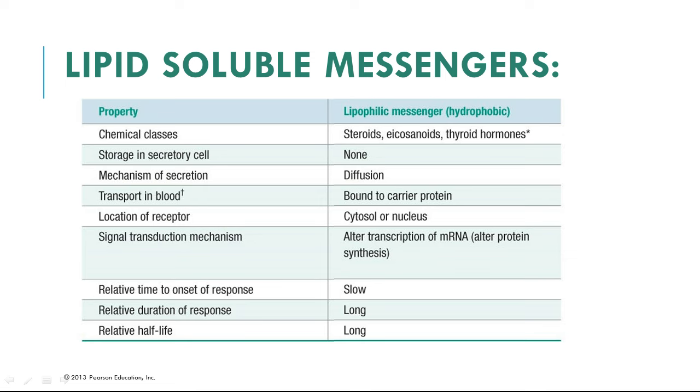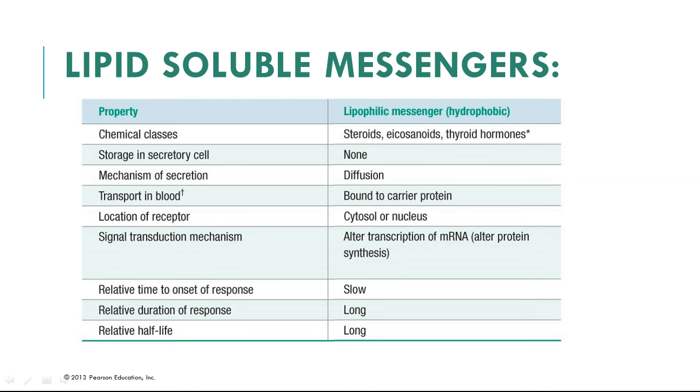And so therefore, the overall process takes a while, and because it takes a while, these lipophilic messengers, steroid hormones, generally last in the circulatory system for a while. Okay? So it's described here as having a longer relative half-life.